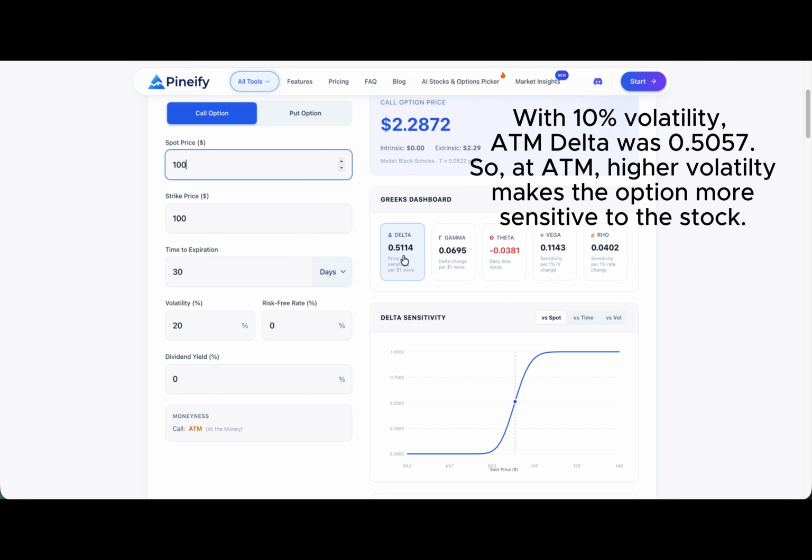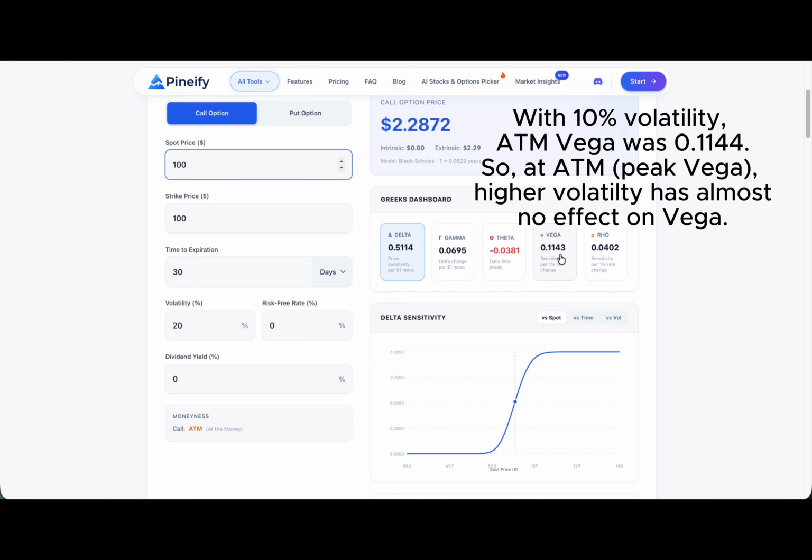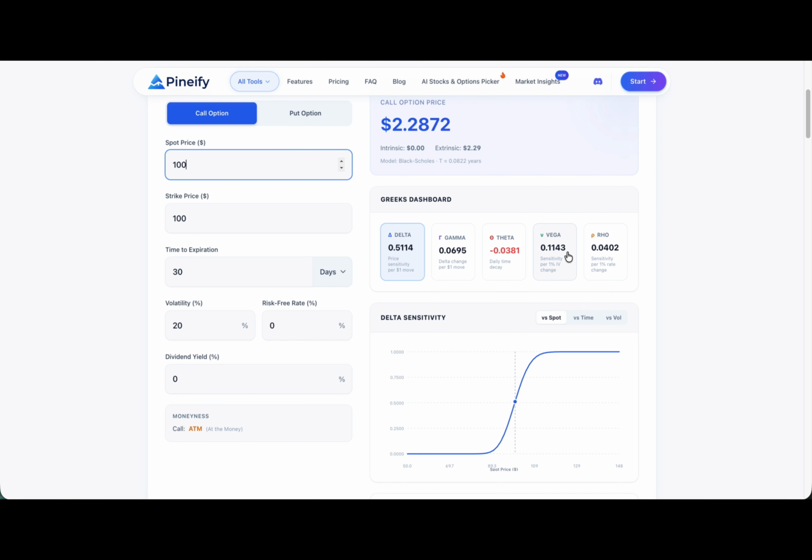And now it's very close again, because it's at the money, to 0.5, but a bit more sensitive to the changes in the price than before because of the volatility. And also the Vega is the same as it was before, all right? You cannot see many more decimal places here, but now you can see that the Vega is slightly smaller, all right?